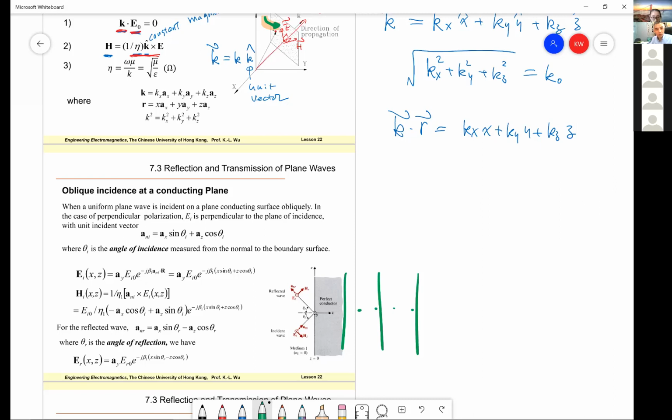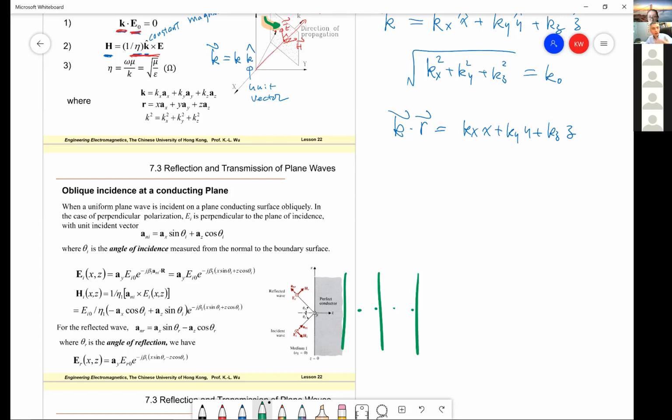Okay, so we stop here today. Let me see if I have some questions. Could the reflected electrical field be in the opposite direction of the incident? I think the direction you're talking about must be the polarization direction, not the propagation direction, right?